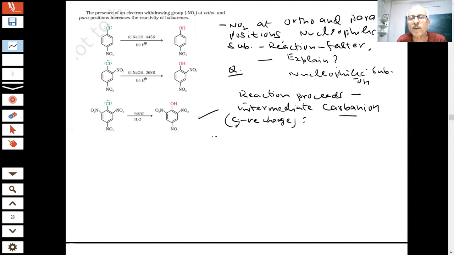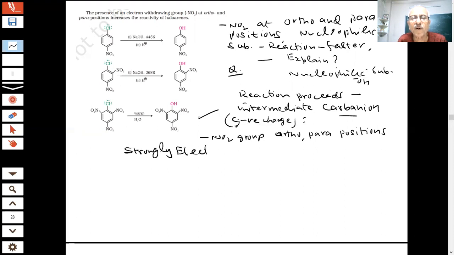What will the nitro group do? NO2 groups, when attached at ortho and para positions, are strongly electron withdrawing groups. We have to write this in the exam, students.